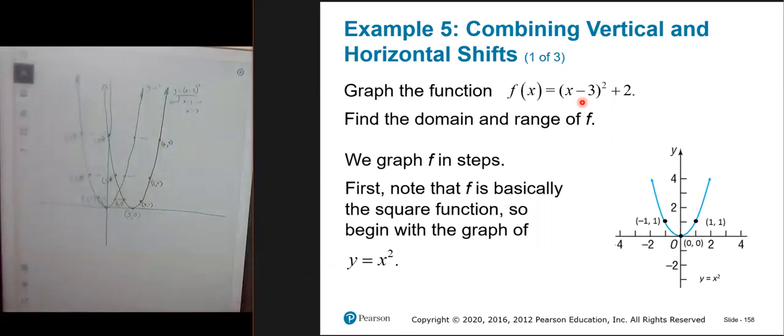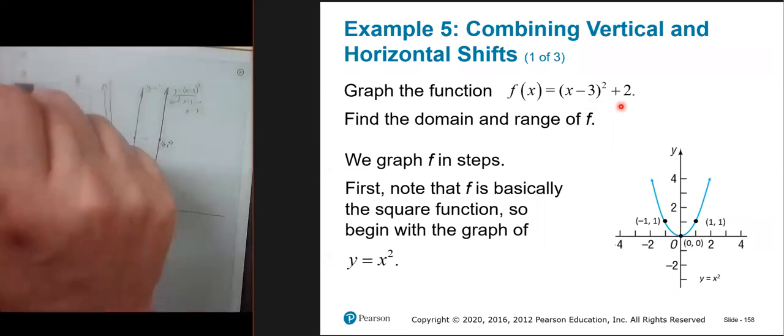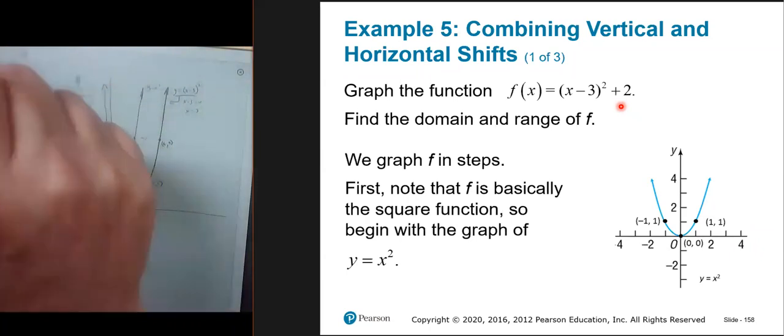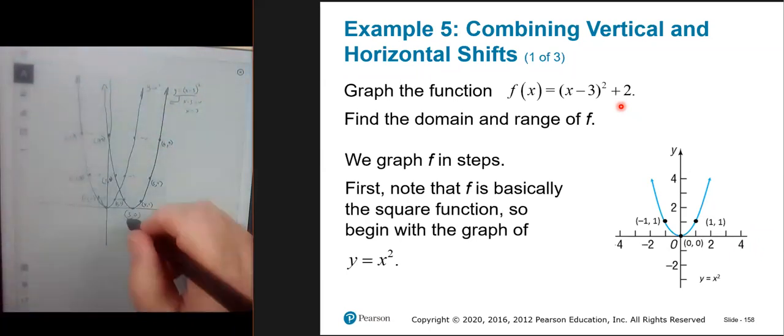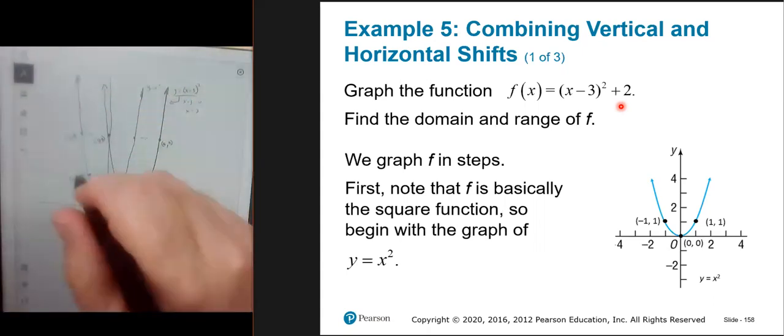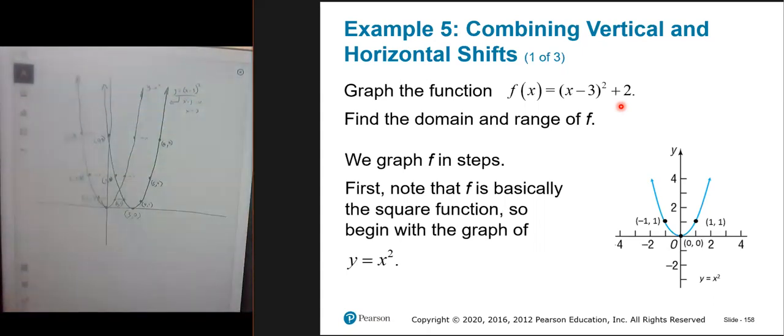So I'm almost done. Now I have a +2 there. The +2 happens after the parent function. The parent function is squaring. So now the +2 means I'm adding to the y values. So the new y values, which are the same as the old y values, I'm going to add 2 to them.